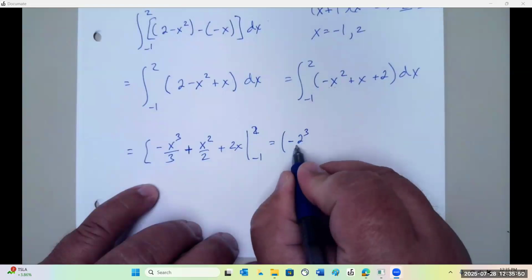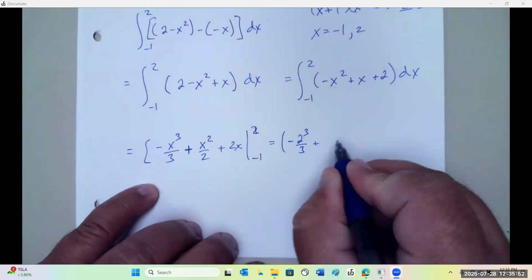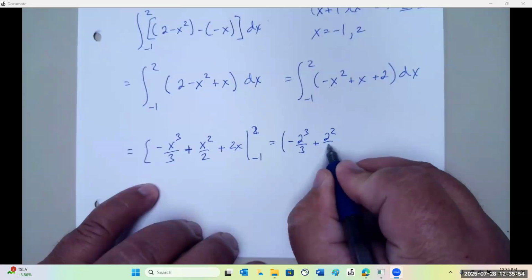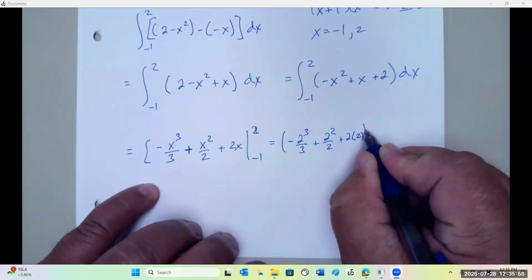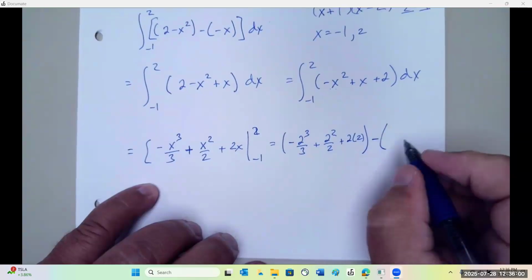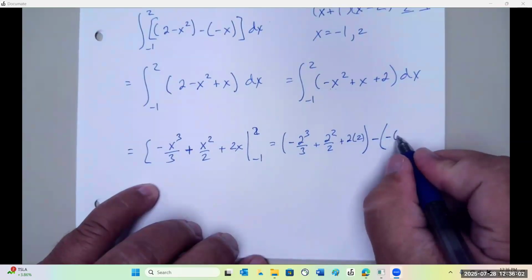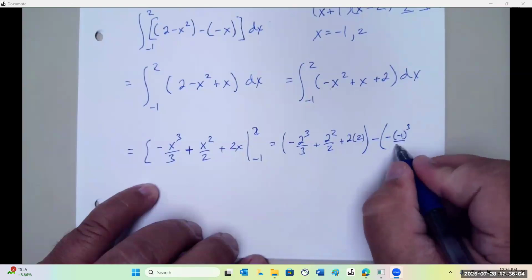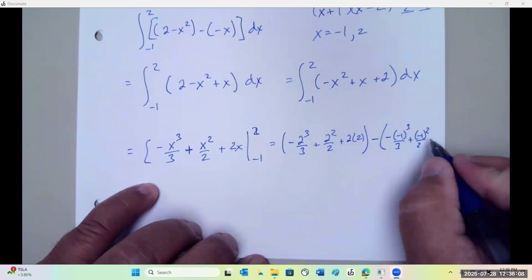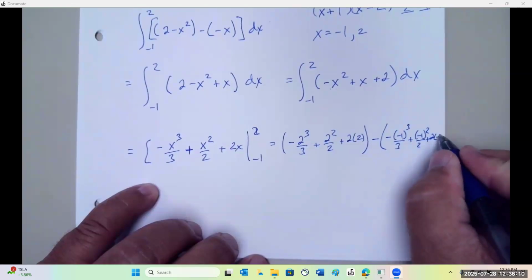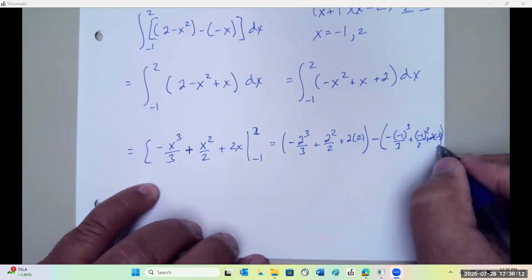Negative 2 cubed over 3 plus 2 squared over 2 plus 2 times 2, minus negative 1 cubed over 3 plus negative 1 squared over 2 plus 2 times negative 1.